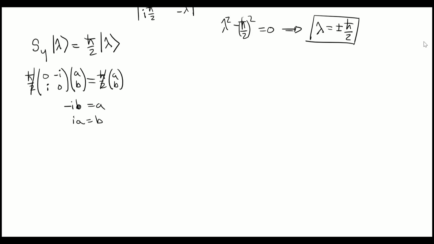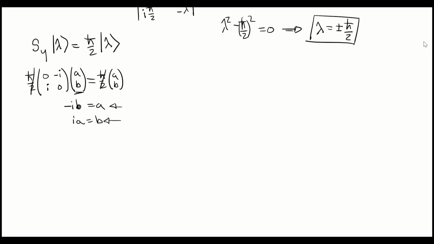Those two equations are not actually independent, so we really only have one equation here. You multiply this equation by i, and you get this equation. So they're not linearly independent. We have one equation and two unknowns, so we need something else to fully determine what this eigenvector is.